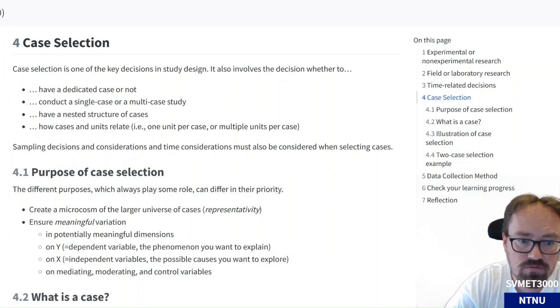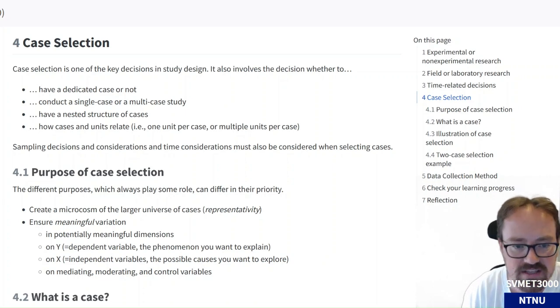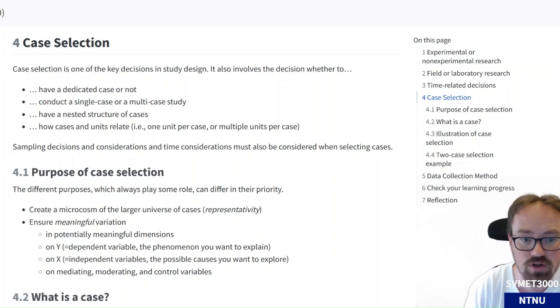You will have to decide whether you want to conduct a single case or a multi-case study. There are lots of good points to stick with a single case and explore that and its contexts in depth, contextualize a lot.